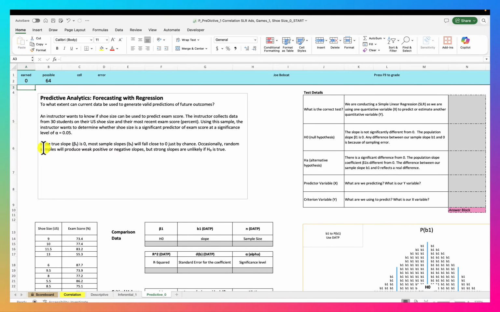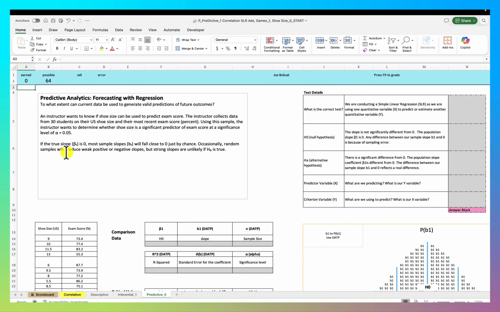And if the true slope, beta 1, the true slope in the population, is 0, then most sample slopes that we calculate off that population will fall close to 0 just by chance.